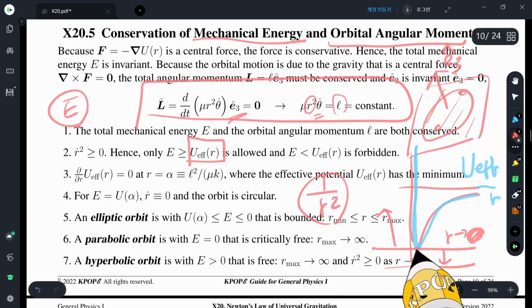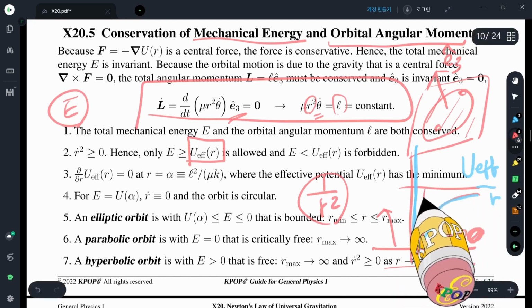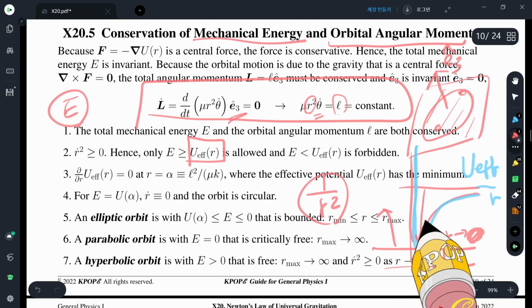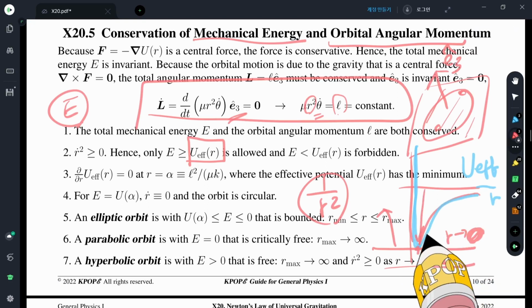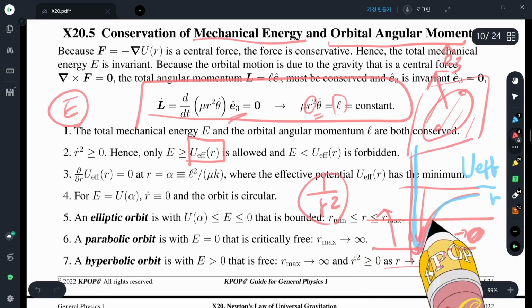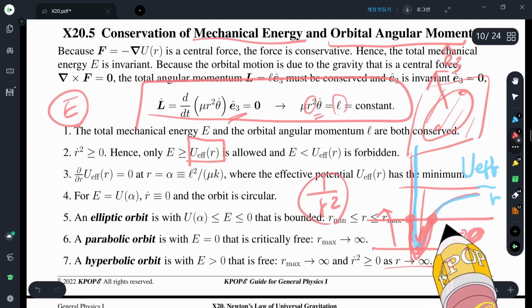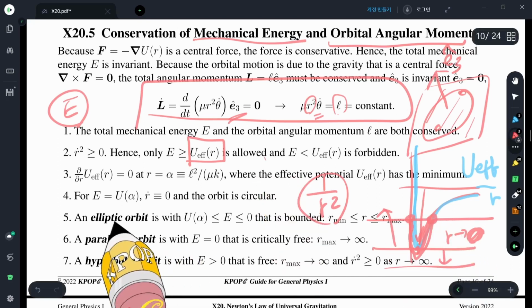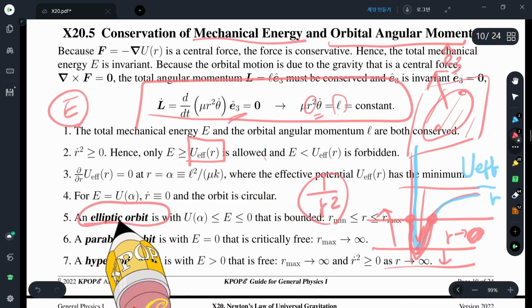Instead, at this point, there is only a single point allowed, that is a circular motion. If we increase the total energy, the physical range will be over there. That means a minimum radius and a maximum radius appear. This is related to the elliptic orbit.